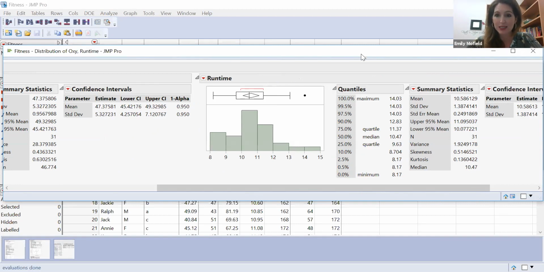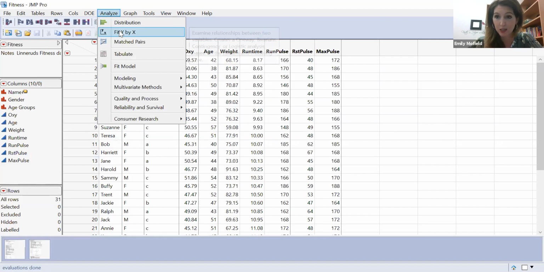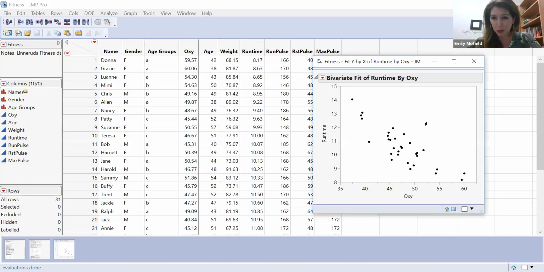So now what's next? Well, there's two ways to do this. I'm going to show you the first way. We use analyze, fit y by x, and I'm going to put my predictor variable in the x, and then runtime is y. That's my dependent variable. And so this shows me a scatter plot, and this shows me the overall relationship between oxygen and runtime.